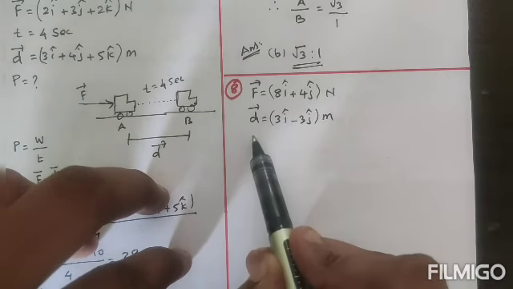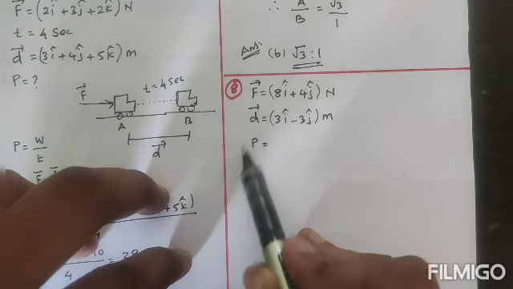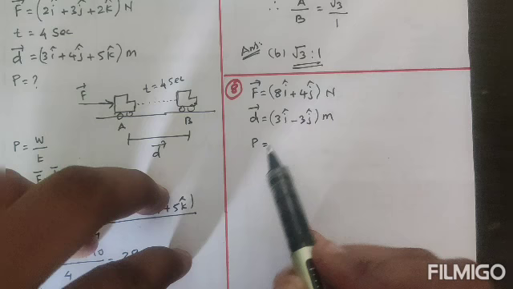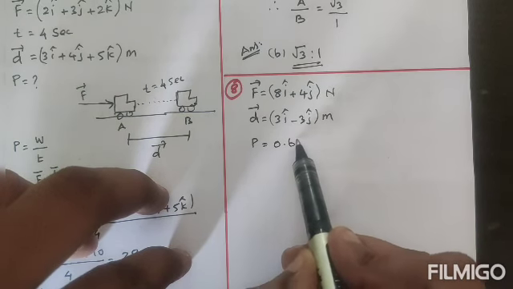Then power value is given. Power is a scalar, so I didn't mention the vector symbol. That is 0.6 watt.